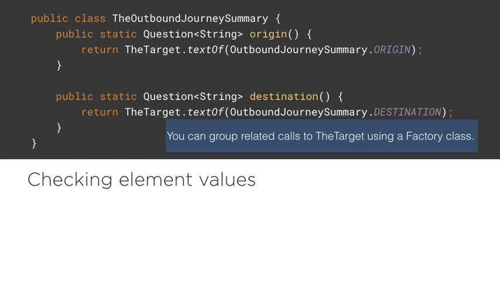This makes it a little bit easier for other people to use. They don't have to know which field needs to be checked for the origin and the destination. They can just use a DSL type language where they say the outbound journey summary origin and so forth.